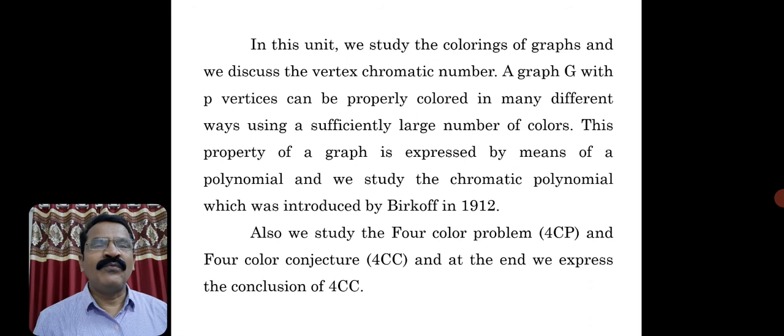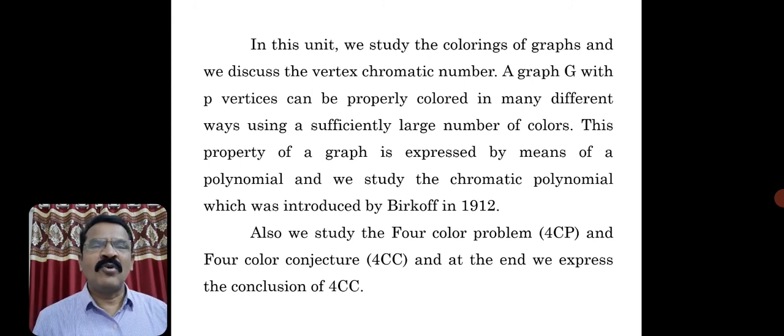Also we study the four color problem, called 4CP. Another important thing we are going to discuss is a conjecture, the four color conjecture, in short 4CC. Why it is called a conjecture and not a theorem, we will discuss in detail.